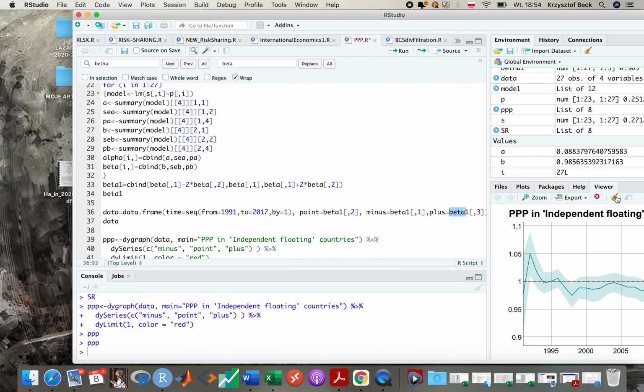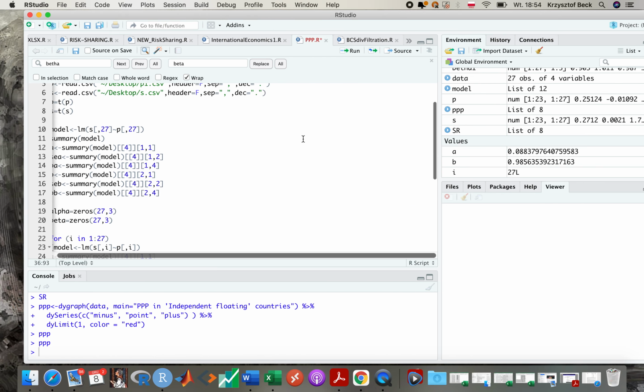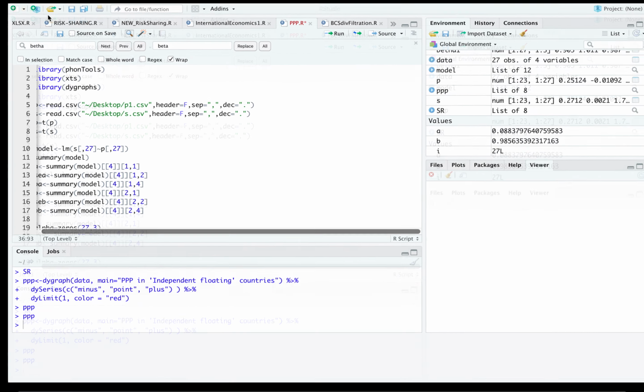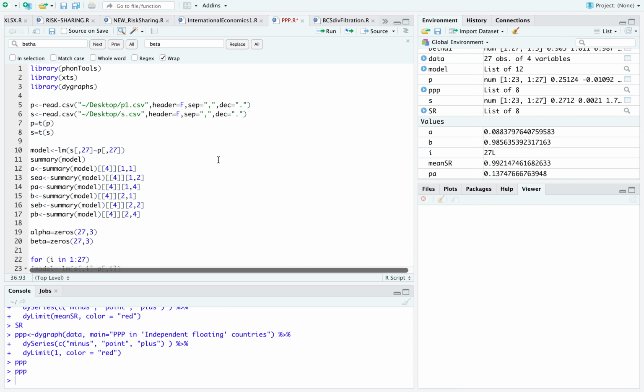Let me just clear it so it's more surprising what we're going to get. I'm going to put it in zasoby, of course, where you can download it and do it for yourself. You can make some changes. You'll see what happens, because actually the results surprised me quite a lot.